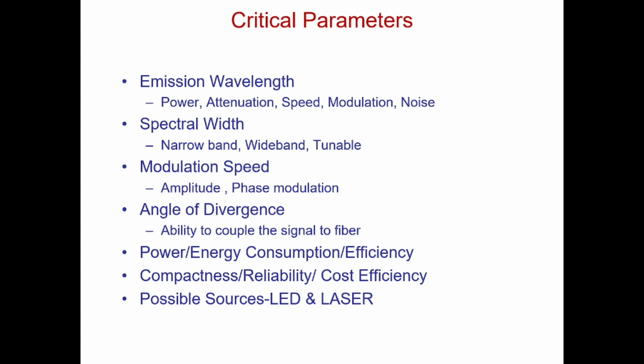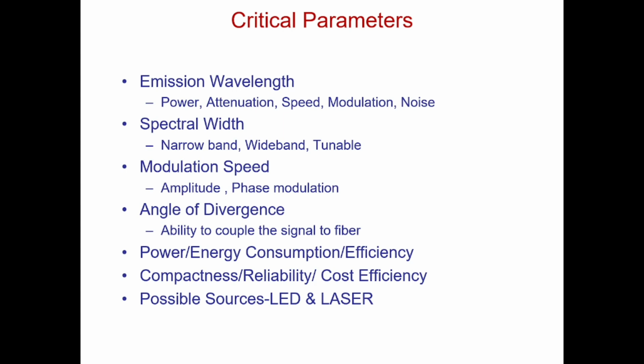So optical or semiconductor devices, whatever is available, there are different semiconductor devices which have got all these possible parameters, but taking the main factors compactness, reliability, and cost efficiency, we can say that LED and lasers are the most possible sources for the optical transmitters.